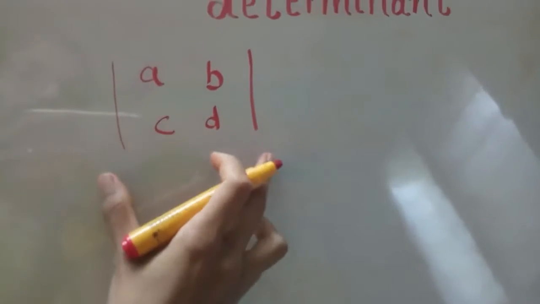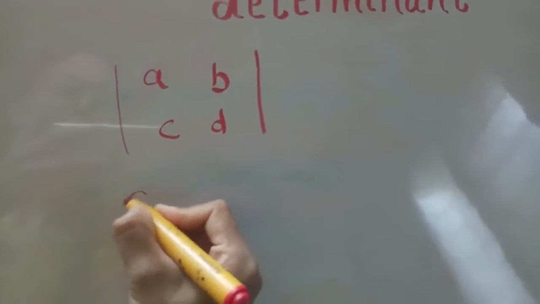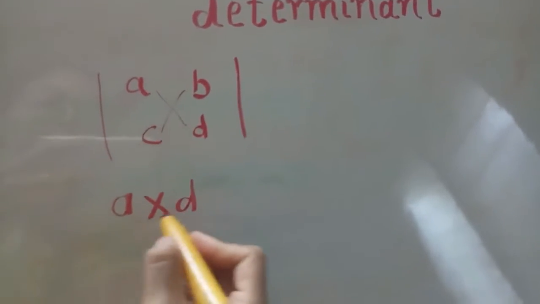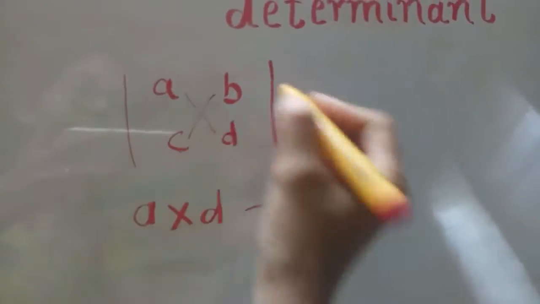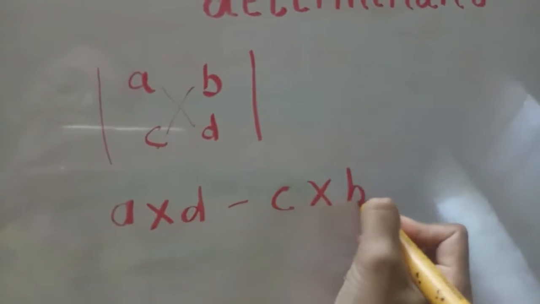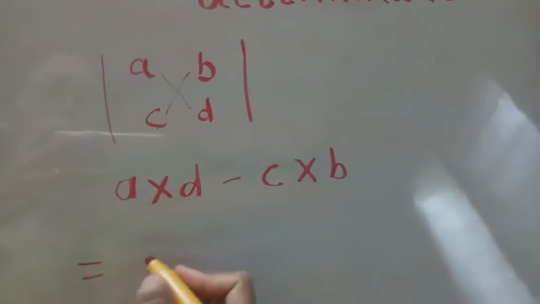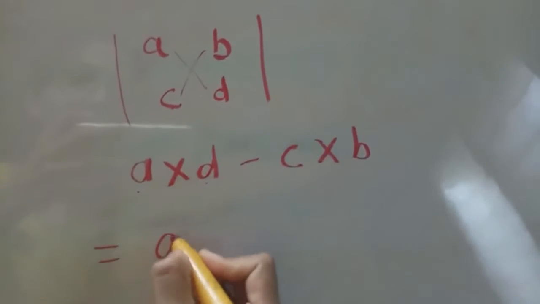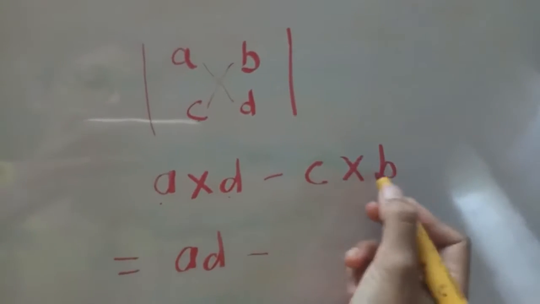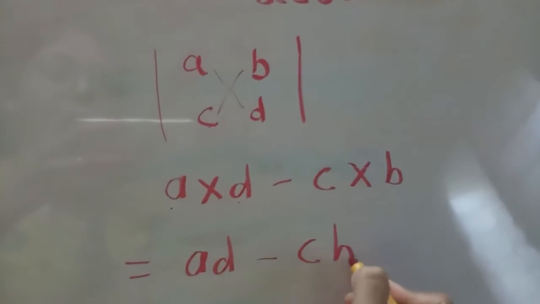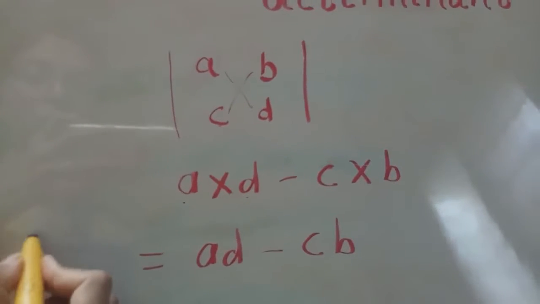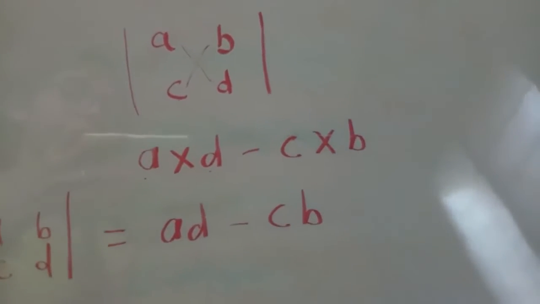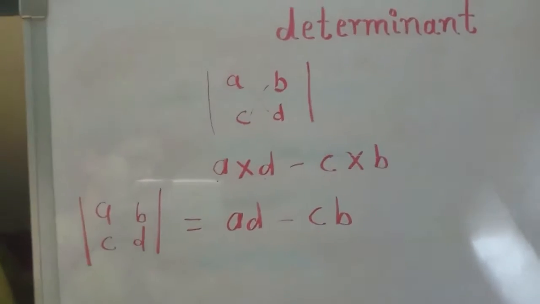So the value of this determinant is A into D, cross multiplication, A into D minus C into B. So the value of the A, B, C, D determinant is AD minus CB.